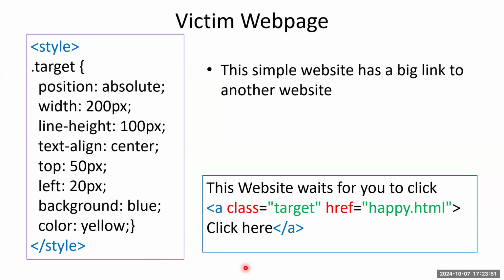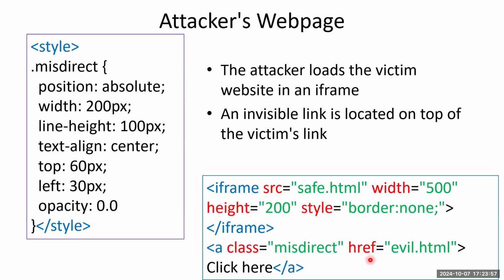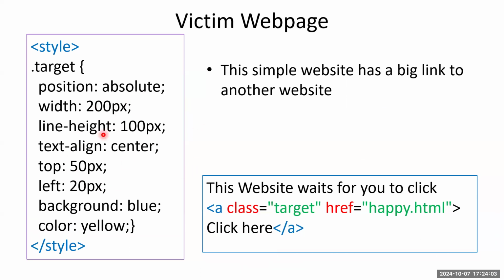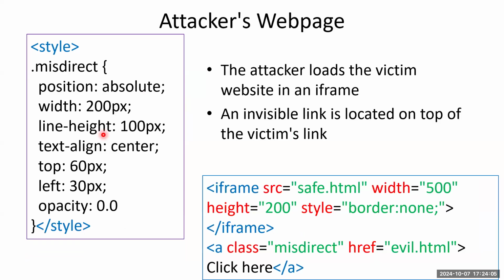You can put that on the victim, and then say if you click there, it's going to go to happy.html. But you can overlay it at the same position, with opacity 0. That means you're going to overlay with something you cannot see and put that on top.